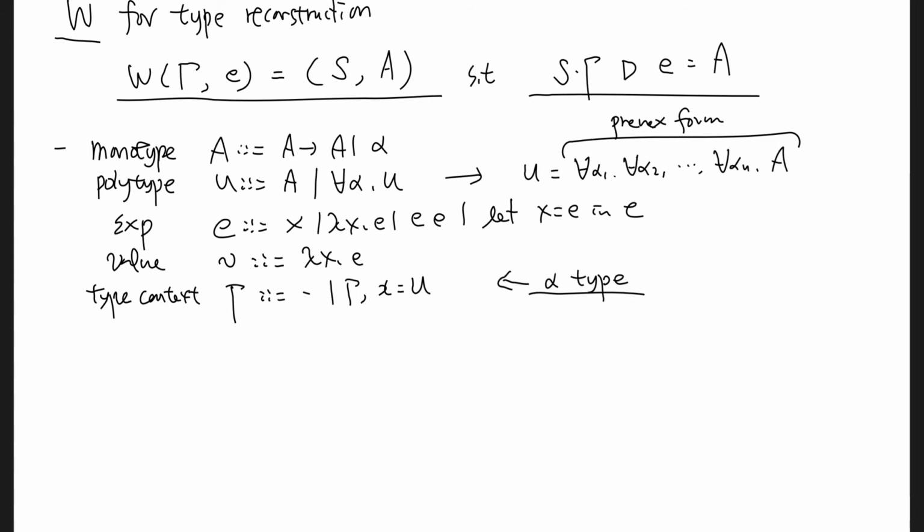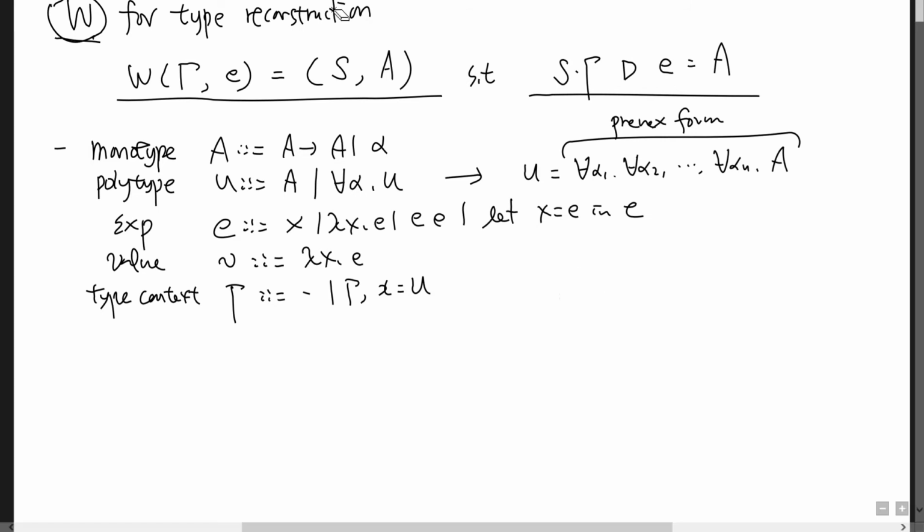The reason is, in the development of this algorithm W, we will generate only valid type variables. We will never generate invalid type variables for the simple reason that there's no need to. So we don't use this type variable declaration here.